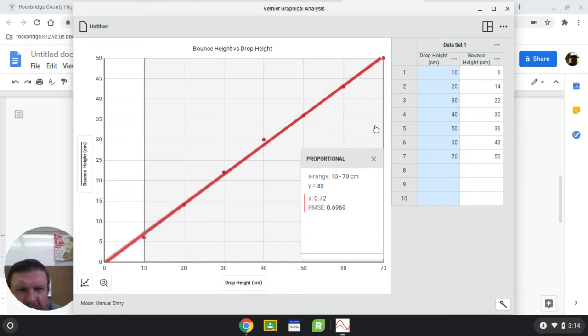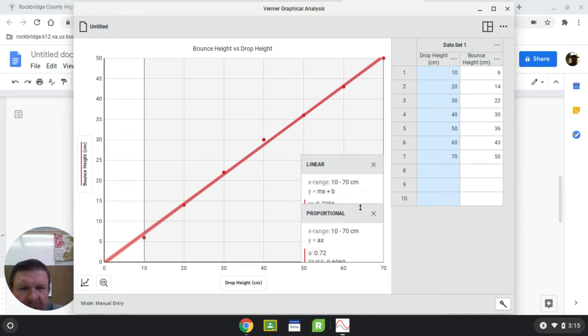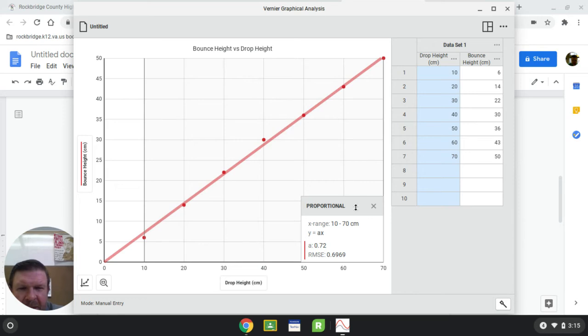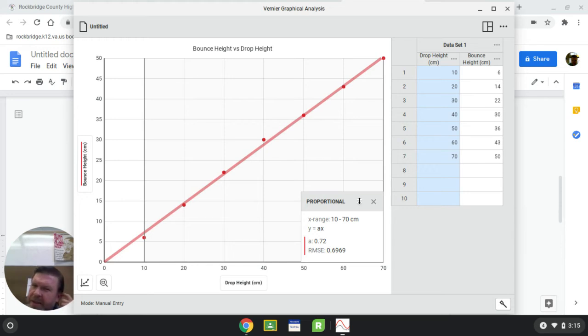It looks like it kept the other one. So I'm going to slide that down, get rid of the linear one. Okay, that's good. So now I've got my nice proportional fit. There we go. Tuck that down into the corner. Okay, so it's telling you that the equation is y equals ax.